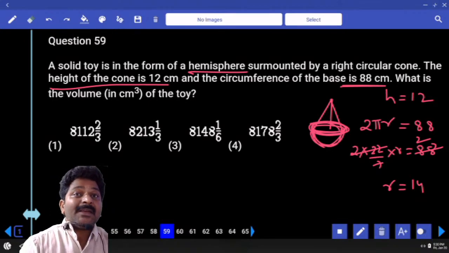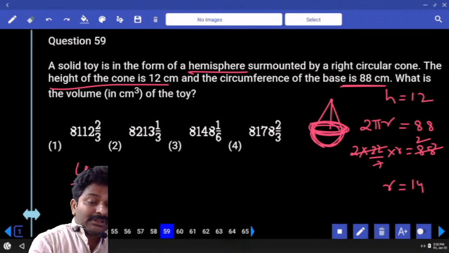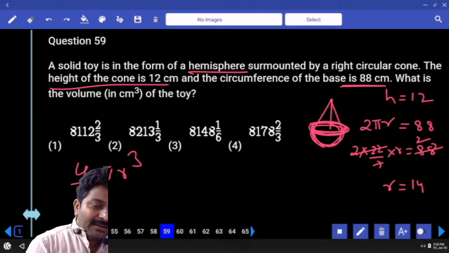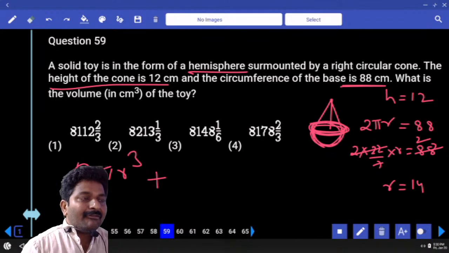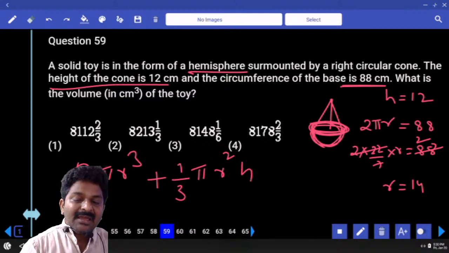Volume of the sphere is 4/3 pi r cube. But we have a hemisphere, that should be half of it, right? Half of that means 2/3 pi r cube for the hemisphere volume. And volume of the cone is 1/3 pi r square h.